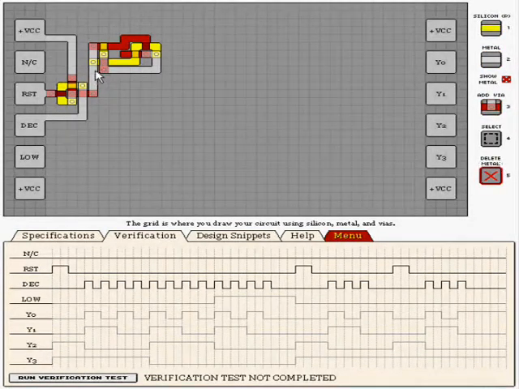Oh wait, I wired that up to the wrong spot. That should come from decrement.